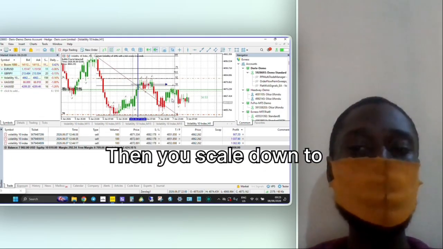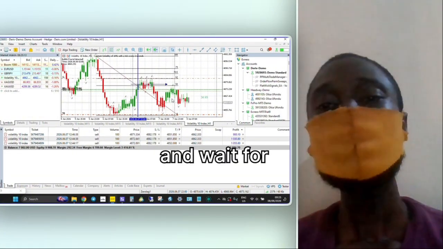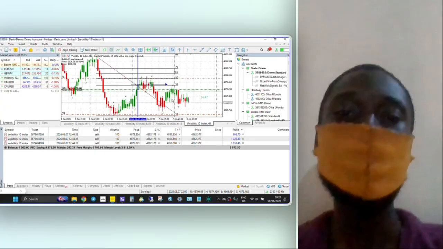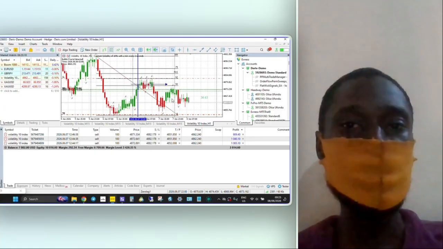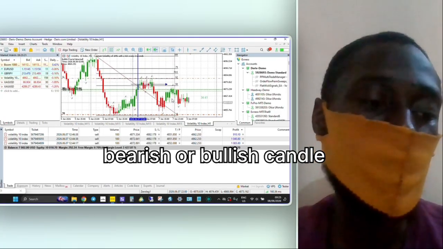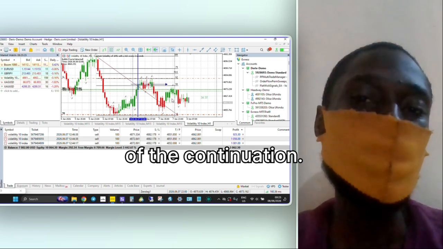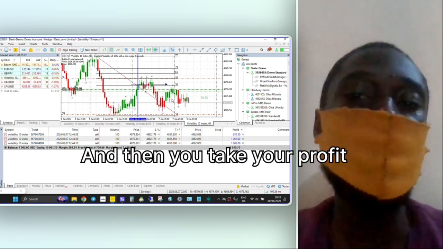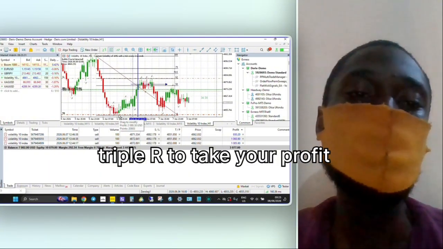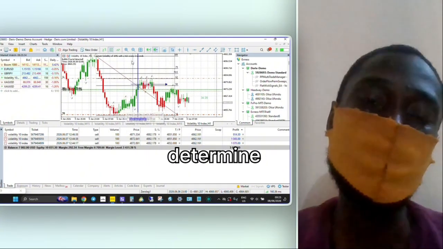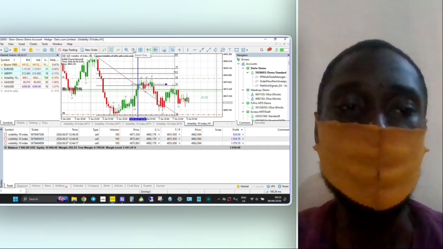Then you scale down to a smaller time frame and wait for the first bearish or bullish candle again of the continuation, and then you take your profit at your swing low, or use your triple R to take your profit, determined discretionally by you.